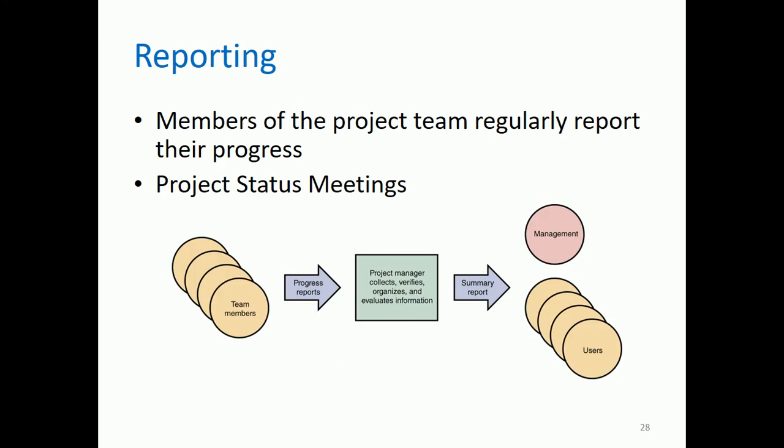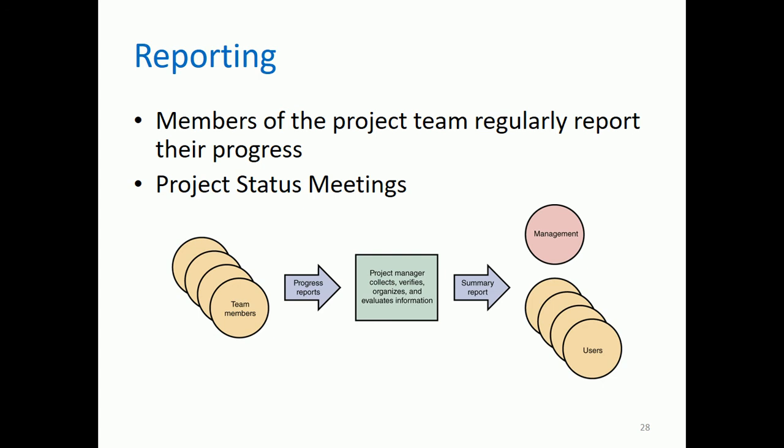So next we have reporting. Members of the project team regularly report their progress. Actually, this is very important. Members of the project team must also be honest with what they are reporting. If there is a problem, they must relate it to the project manager rather than keeping it a secret.